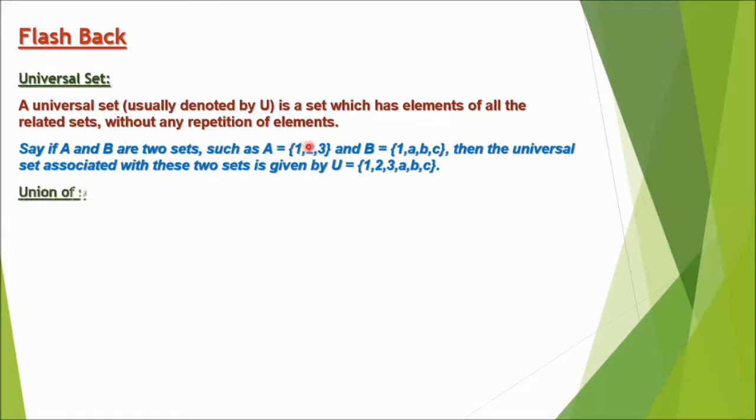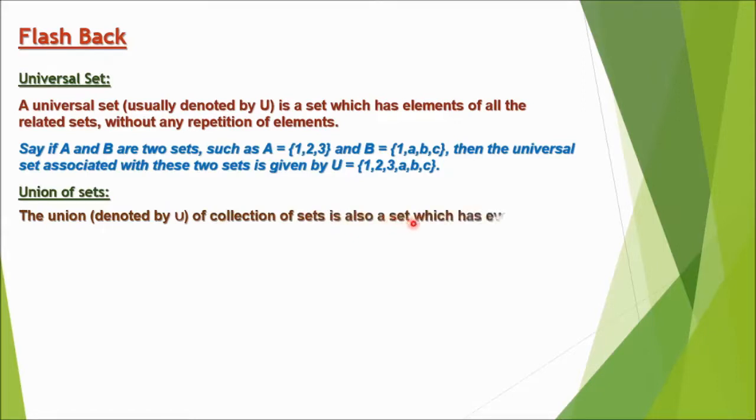Now, union of sets, usually denoted by ∪. A union of a collection of sets is also a set which has every element of those sets, without any repetition.